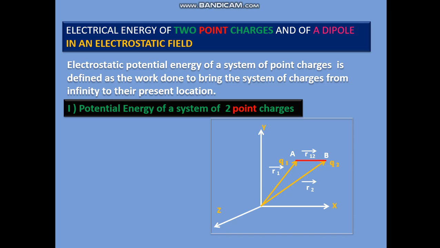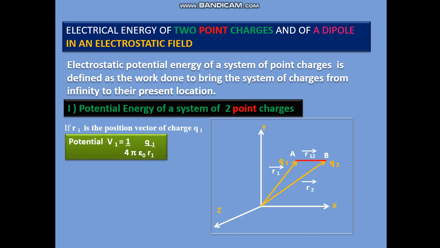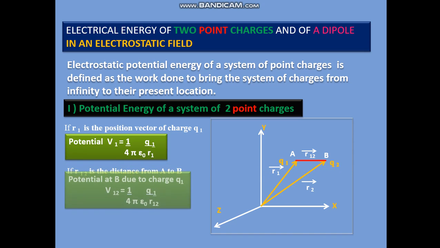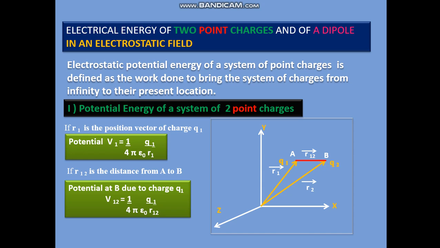We have the potential at q1, because it is at a distance r1, V1 is equal to 1 upon 4 pi epsilon naught q1 upon r1. Similarly, if r12 is the distance from A to B, the potential at B due to charge q1, that is V12, is equal to 1 upon 4 pi epsilon naught q1 upon r12.